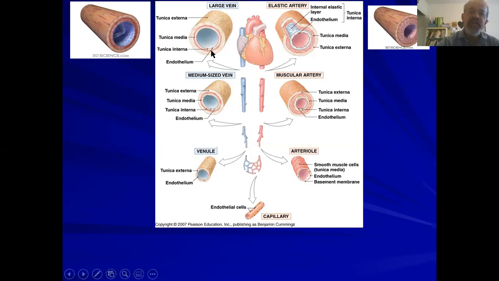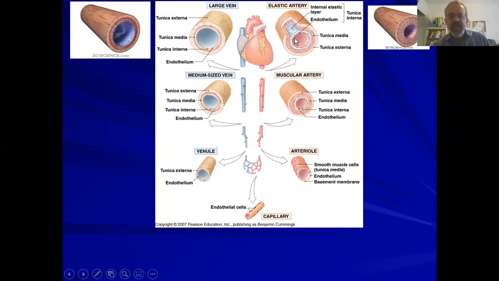The 3 layers are the innermost layer, which is known as the tunica interna. It's an easy one to remember, tunica interna. Some books also call it the tunica intima, but either is fine. That layer consists primarily of simple squamous epithelium, a very flat cell in both.